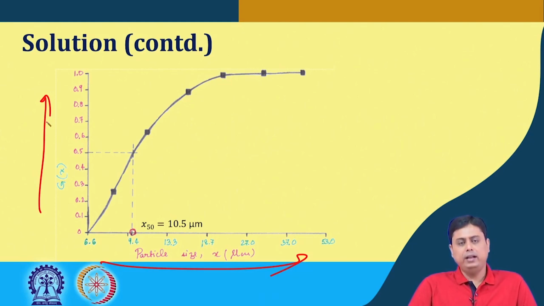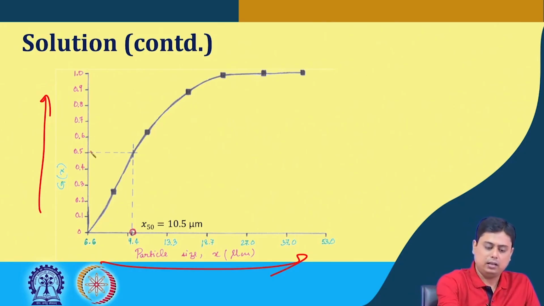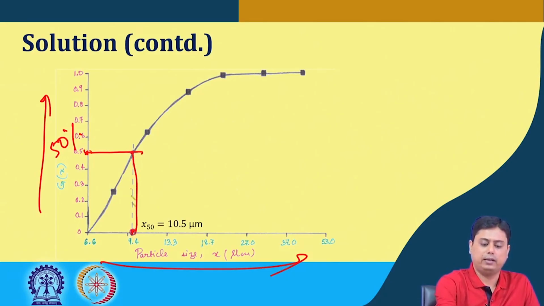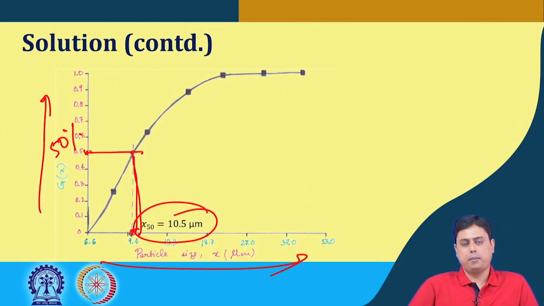And how do you find the equiprobable size? By definition, it is the particle size at 50% of the grade efficiency, which is at 0.5. What is the value of x, which comes out to be 10.5 micron.